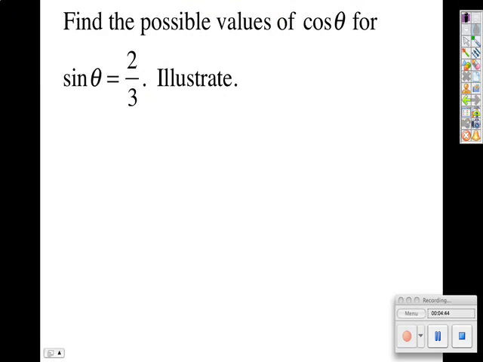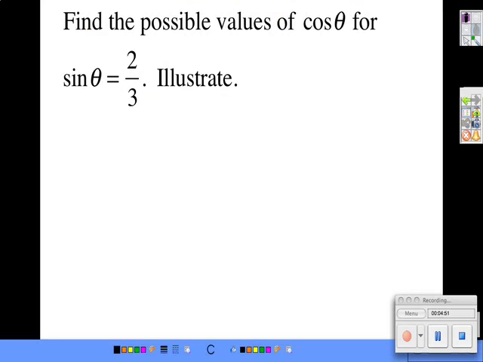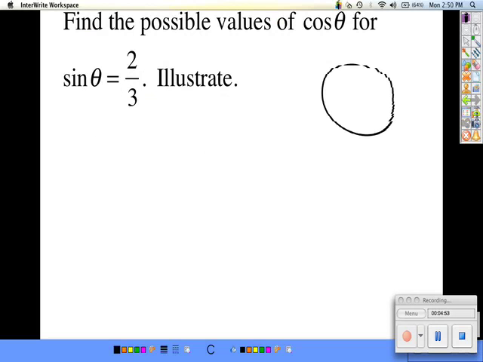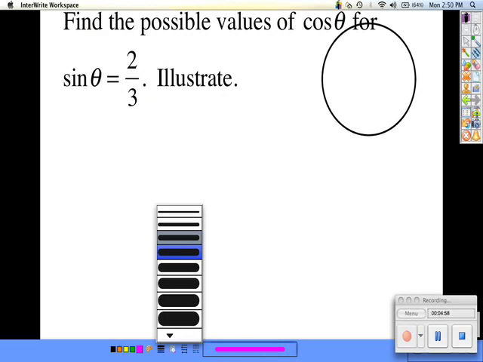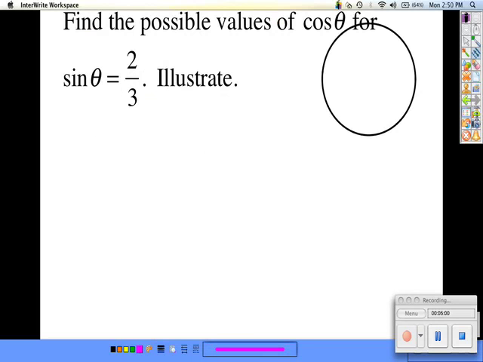Find the possible values of cosine given that sine is 2/3, and we want to illustrate this. So here's our circle. There's our origin.